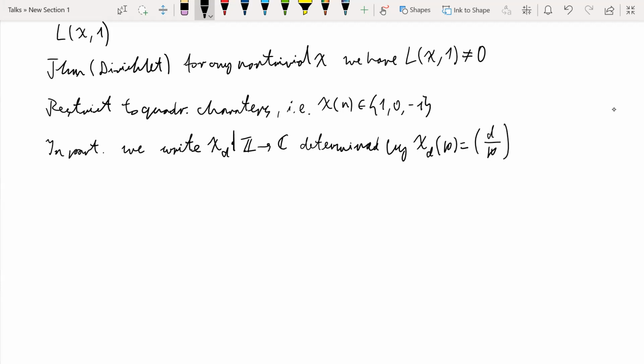This is the Legendre symbol, and by definition, it means that this is 0 if p divides d, it is 1 if d is a square mod p, and -1 otherwise. In this case, it's not clear that this is periodic. This is something that is guaranteed by this quadratic reciprocity law that I just mentioned.